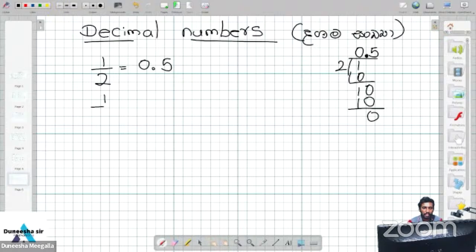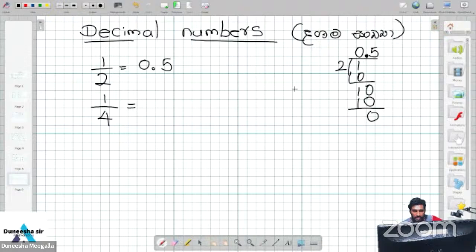Okay. Can you get 1 over 4? What is the decimal number? Divide and get the answer. 0.25. Yes, 0.25.